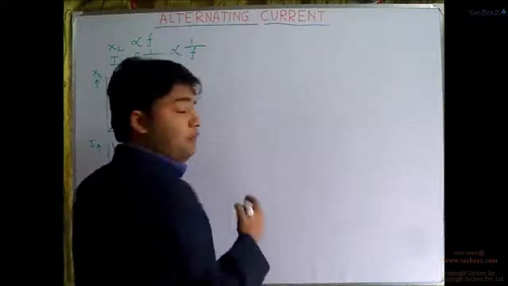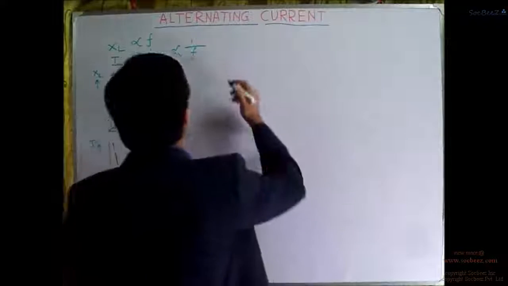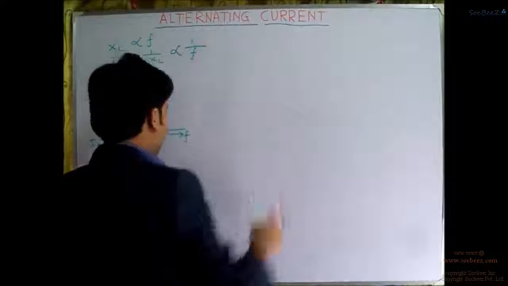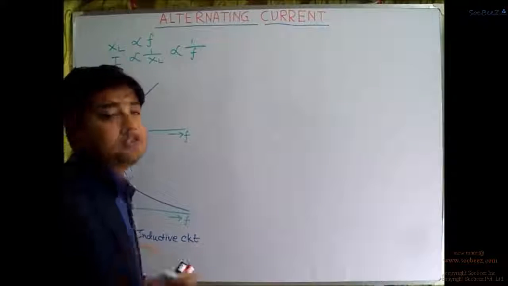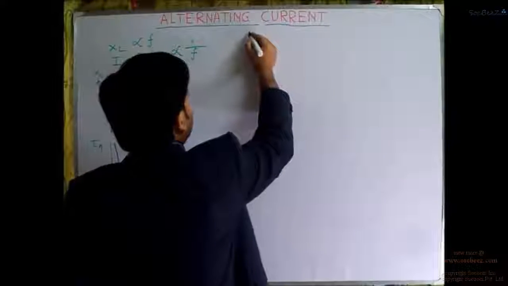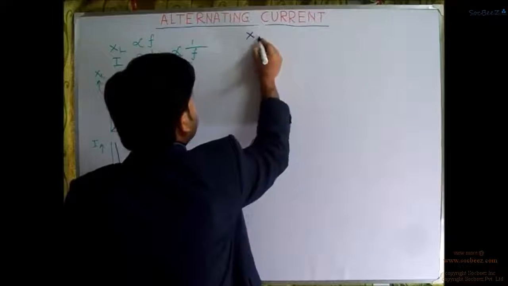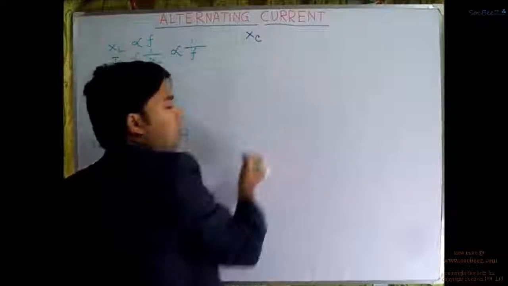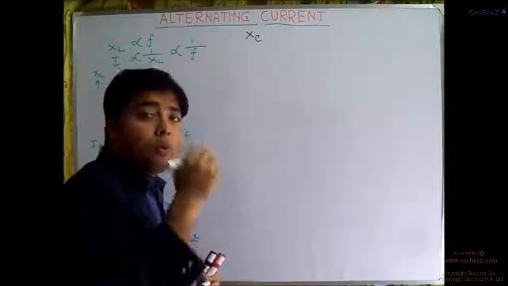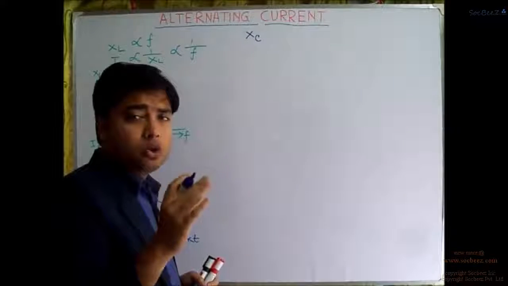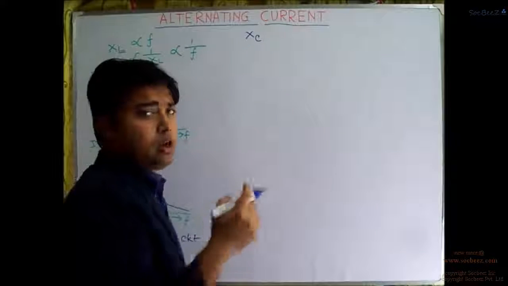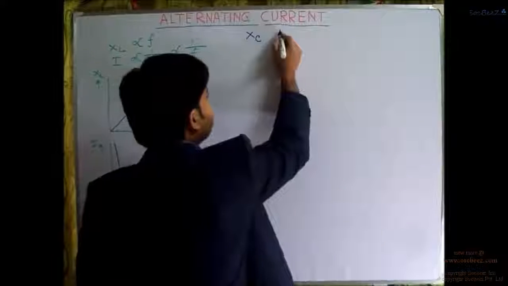Now if we wish to see the relation in a purely capacitive circuit, we have seen over there that the capacitive reactance was inversely proportional to the frequency of the AC supply.